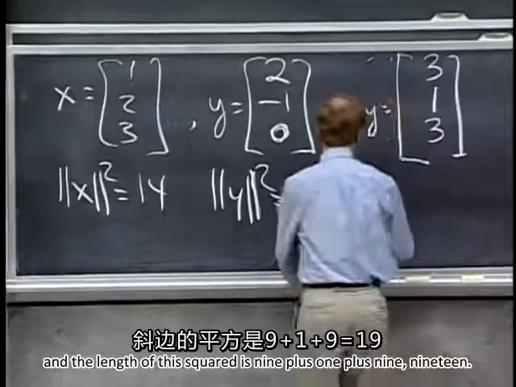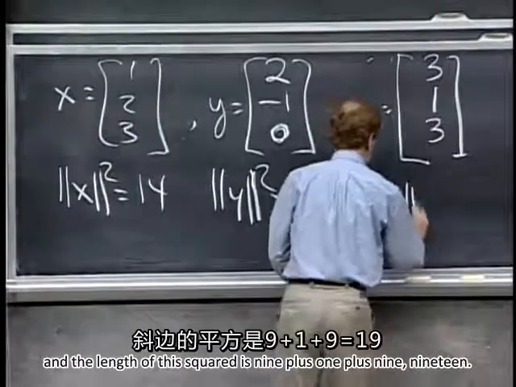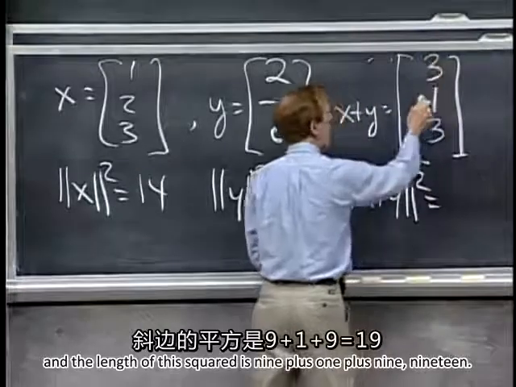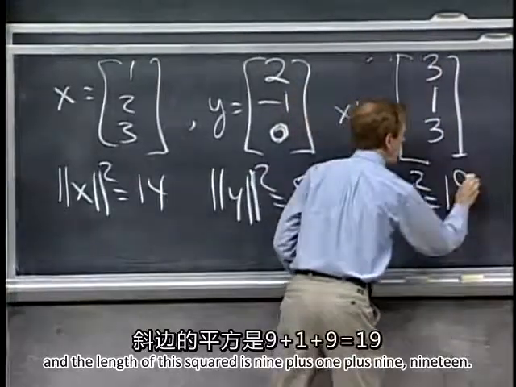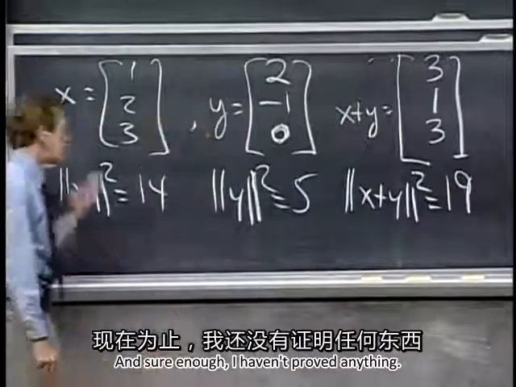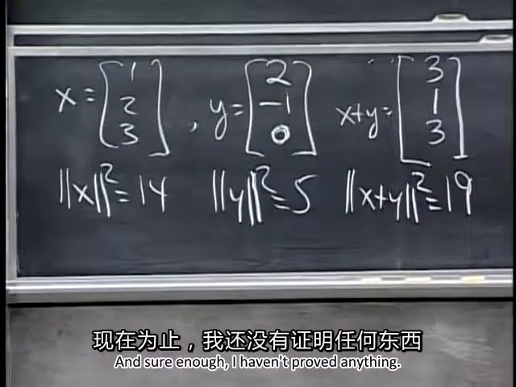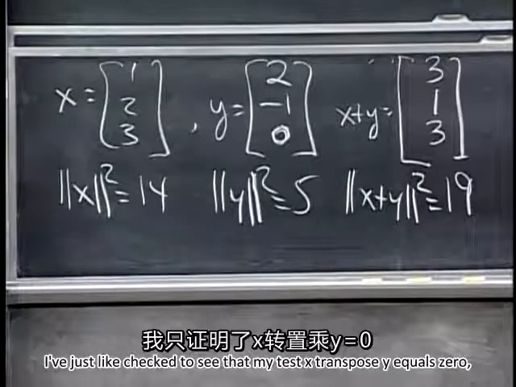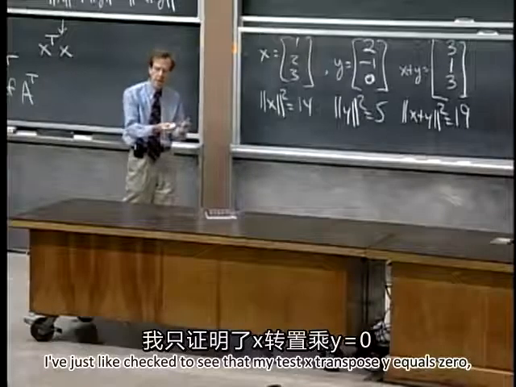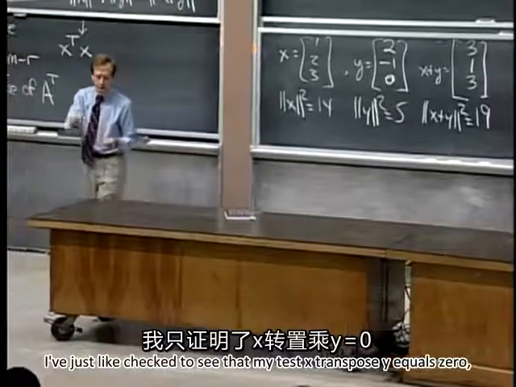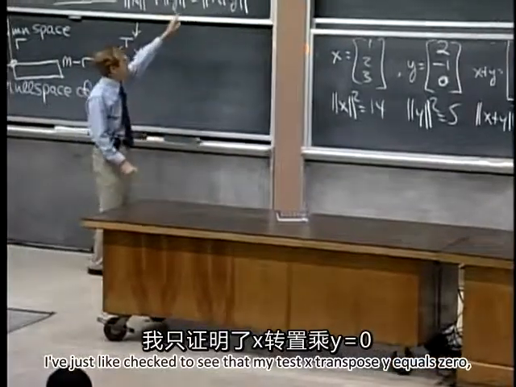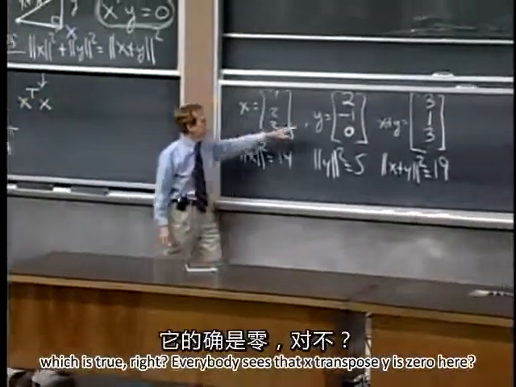And the length of this squared is 9 plus 1 plus 9, 19. And sure enough, I haven't proved anything. I've just checked to see that my test, x transpose y equals 0, is true, right?